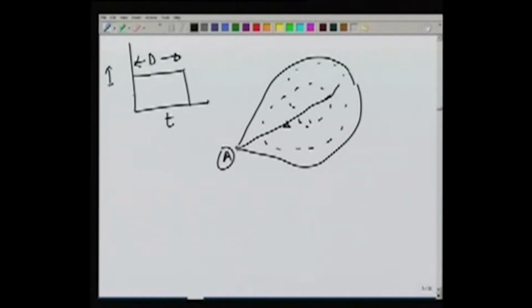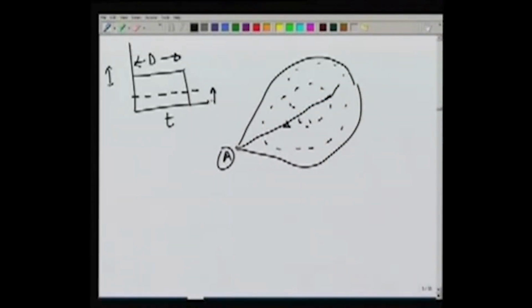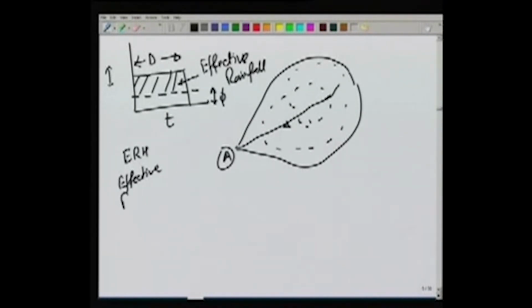So some part of it will go into satisfying the initial abstraction, and we have already seen this in the chapter on infiltration, that we can define an infiltration index phi which is taken out of the rain, and then the effective rainfall is reduced. This hydrograph is called ERH, the effective rainfall hydrograph.